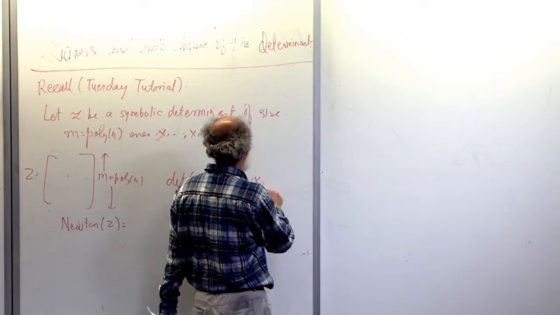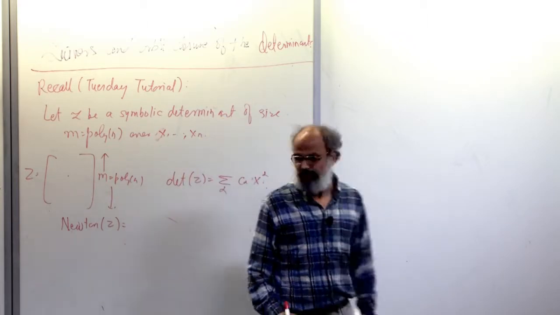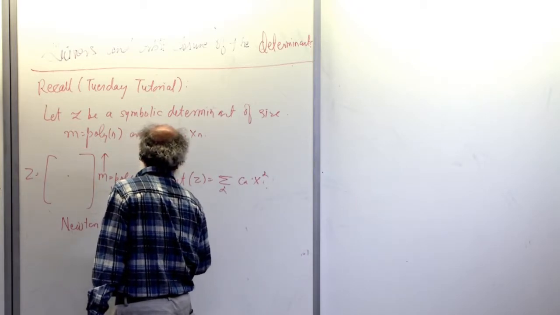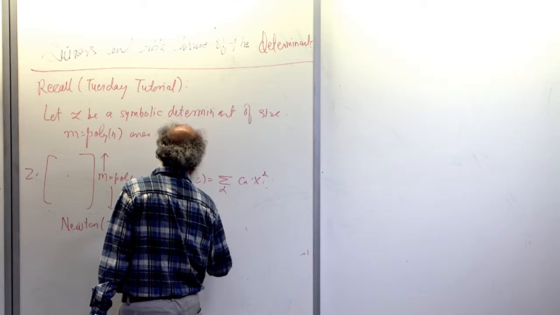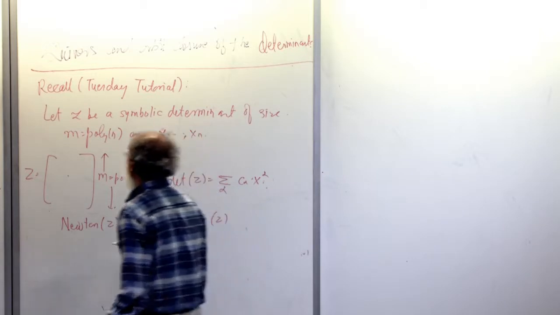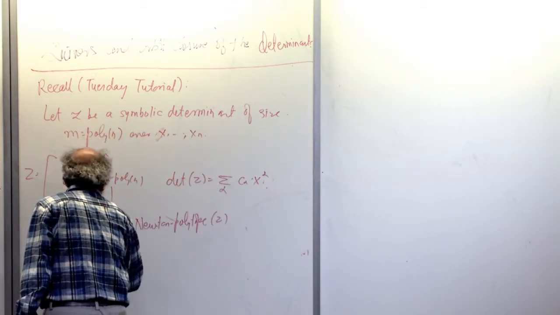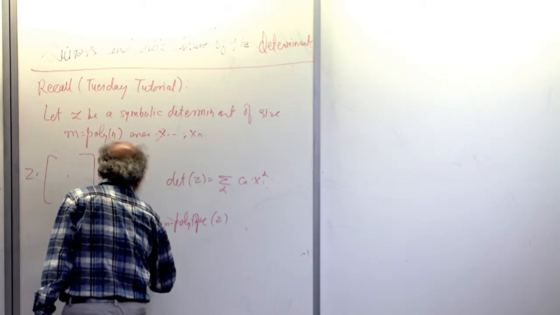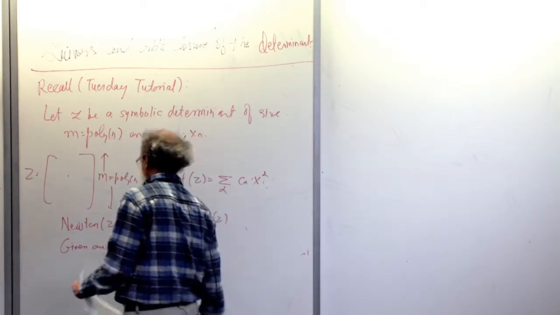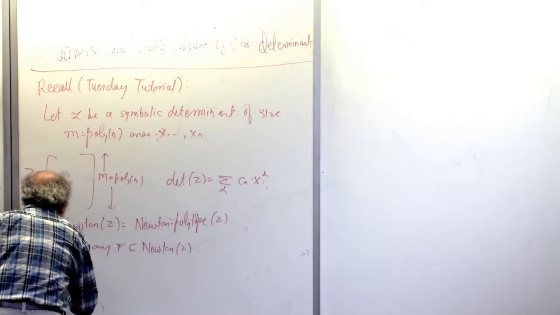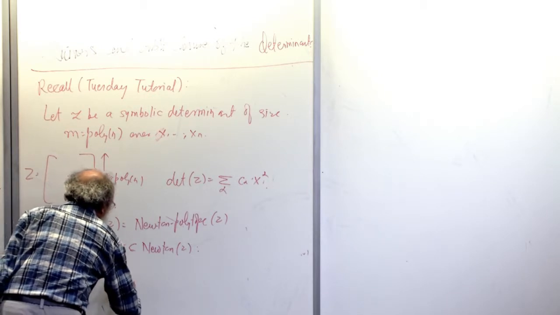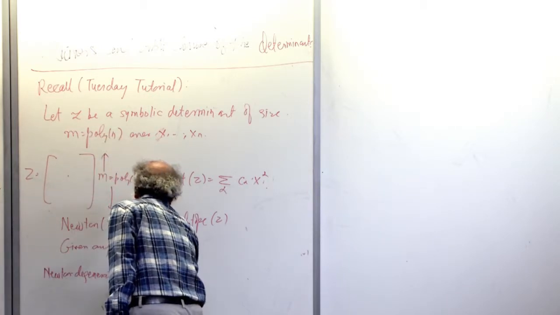You take all these exponents and take the convex hull, and given any face inside the Newton polytope of Z, you define the Newton degeneration with respect to that face.